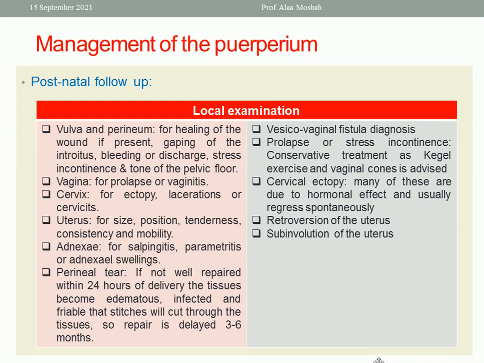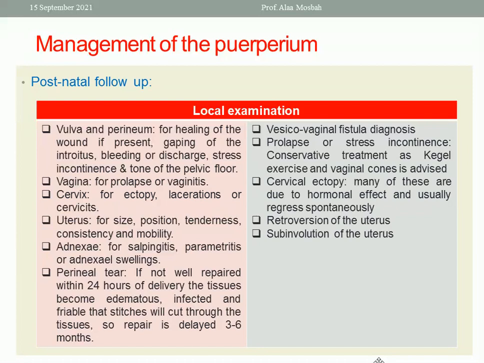Vulva for healing of the wound, if present, gapping of the episiotomy, bleeding or discharge, any stress incontinence, and the tone of pelvic floor. Vagina for vaginitis or prolapse, cervix for laceration or cervicitis or ectropion, uterus for the size, position, tenderness, consistency, and the mobility, adnexa for any salpingitis or any adnexal swelling, perineum for any perineal tear, and if repaired and healed very well or not.